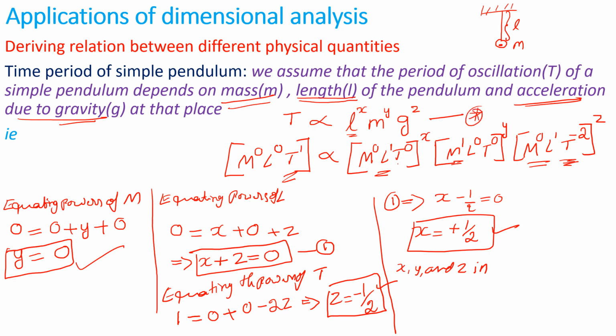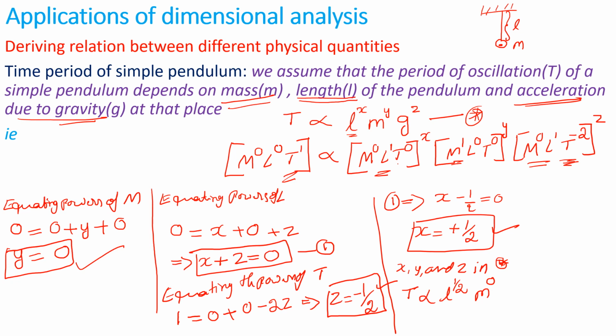In star, what you will end up getting is that T is proportional to L to the power x. What is the value of x? x is half, so L to the power plus half, into m to the power y. What is the value of y? y is 0, very interesting, m to the power 0. That means it is independent of mass.